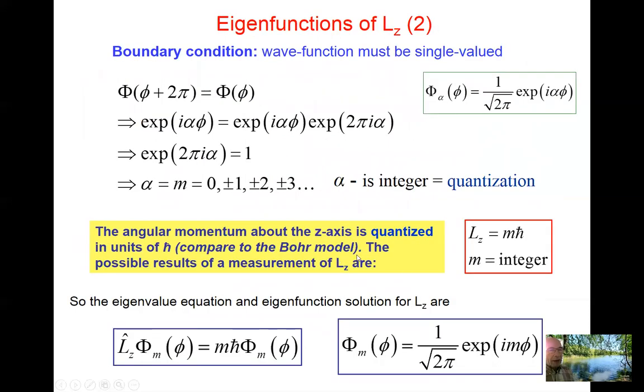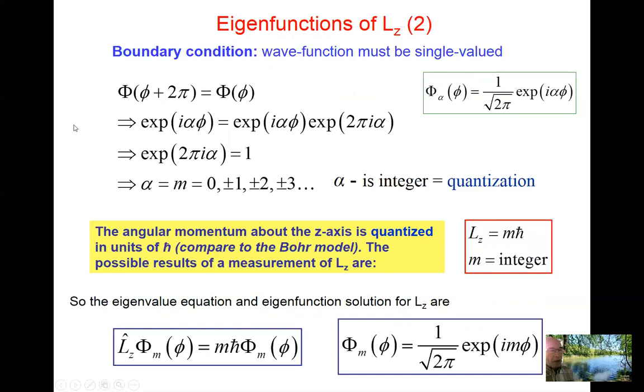So now we need to find an eigenvalue. This is a very interesting thing, because so far we didn't introduce any quantization, although we know that it is quantum mechanics, but where does quantization come from? It comes from boundary conditions. So boundary conditions are that the wave function must be single valued.